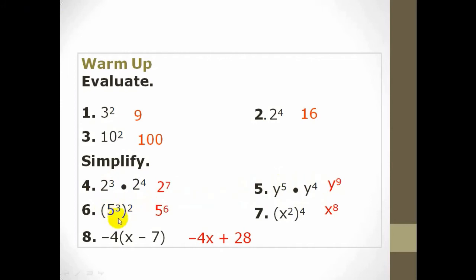And this is the power rule, multiplying a single power with the whole power. So 5 power 3 whole power 2 means 5 power 6, and x square whole power 4 means x power 8. Similarly, minus 4 into x minus 7 is equal to, distribute this monomial on this linear polynomial, minus 4x minus minus plus 7 for the 28.